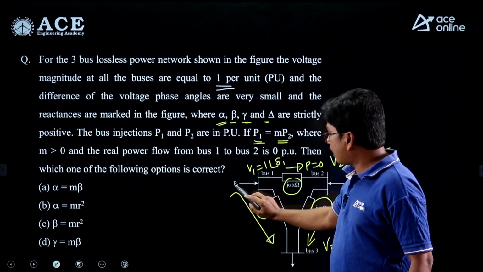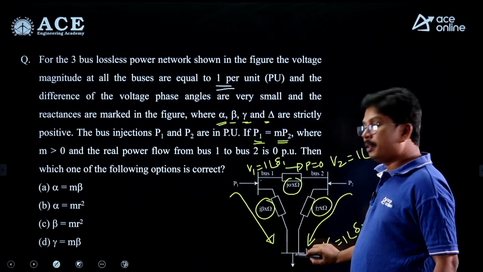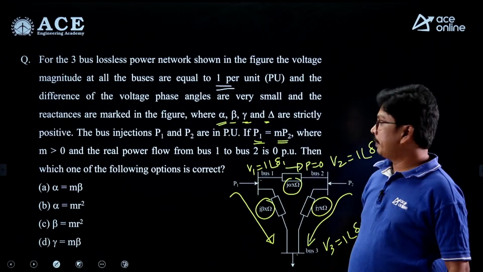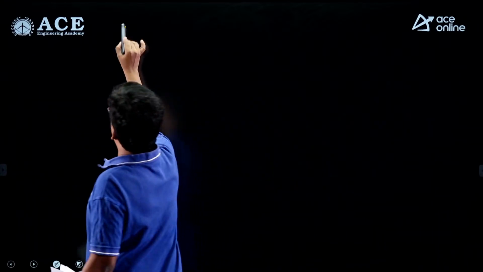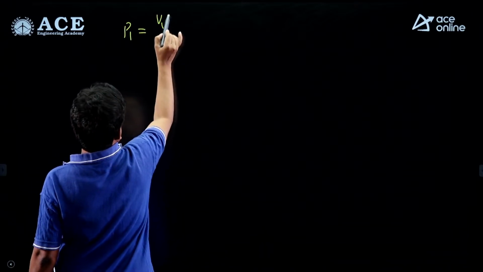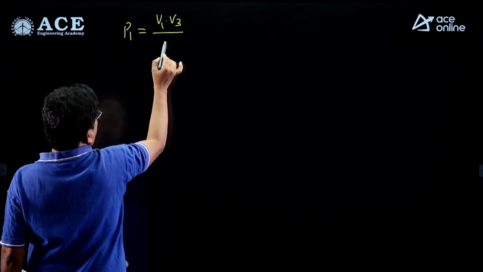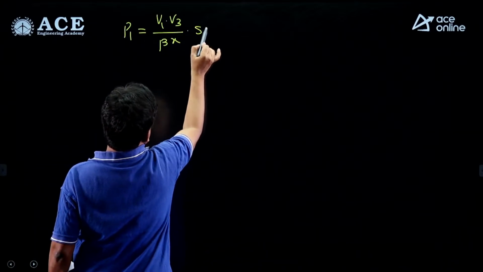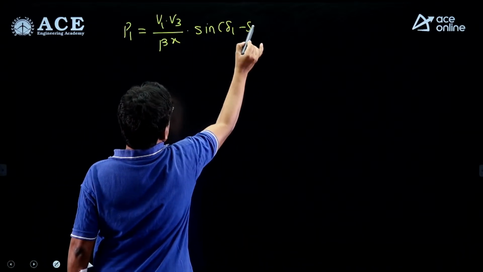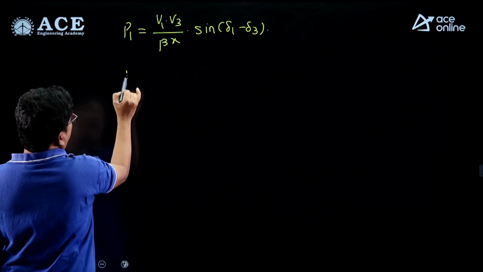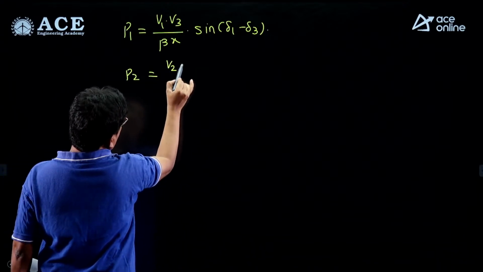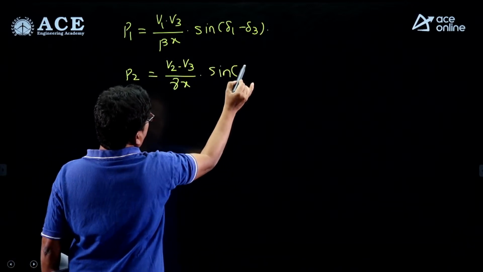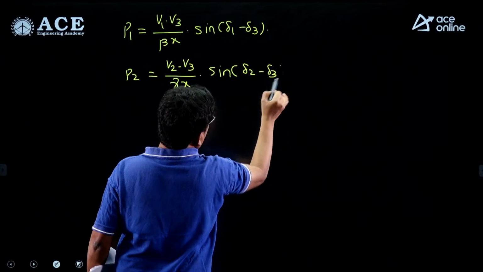How to calculate P1? It is sending end voltage into receiving end voltage divided by the reactance, into sine of the angle difference between them. Therefore P1 is V1 V3 divided by the reactance beta x, into sine of delta 1 minus delta 3. And P2 is V2 V3 divided by gamma x into sine of delta 2 minus delta 3.